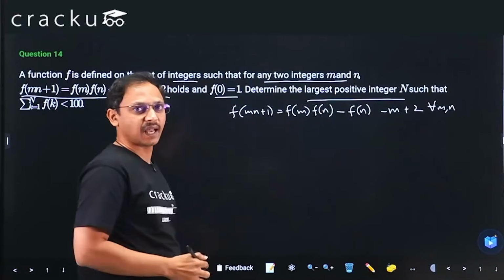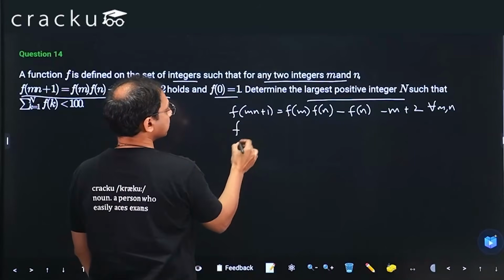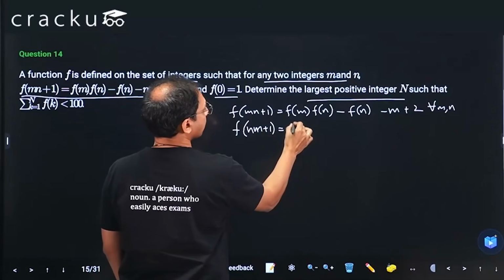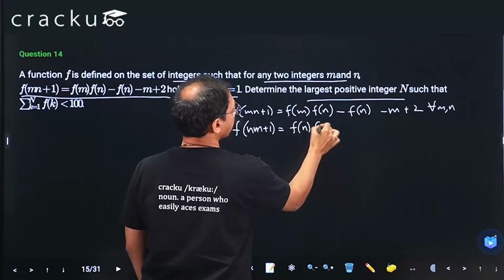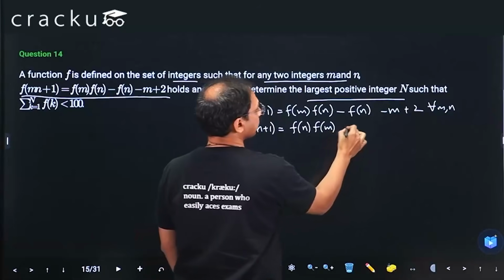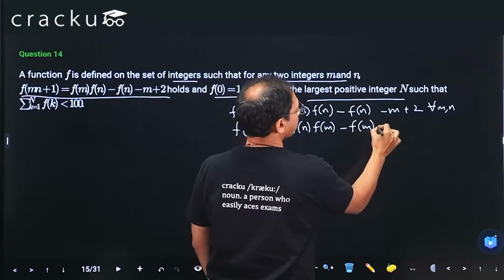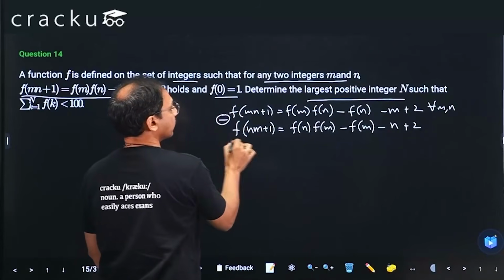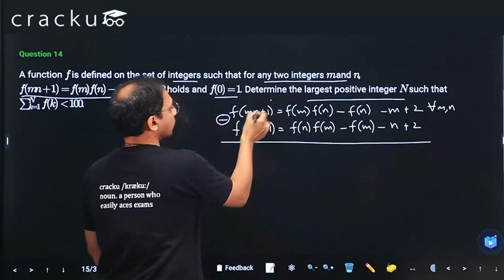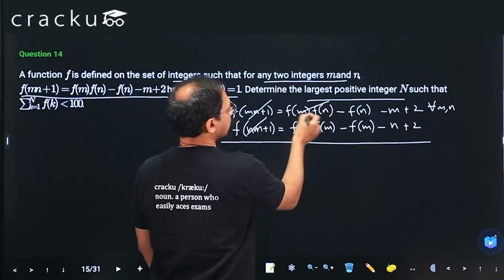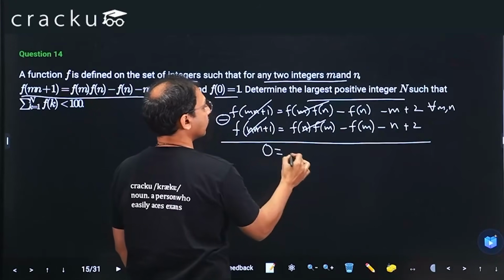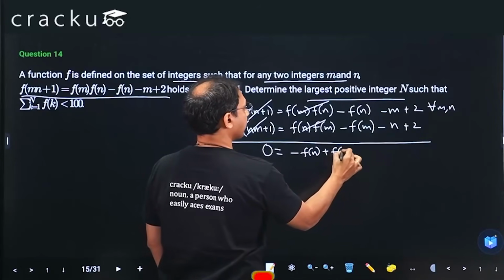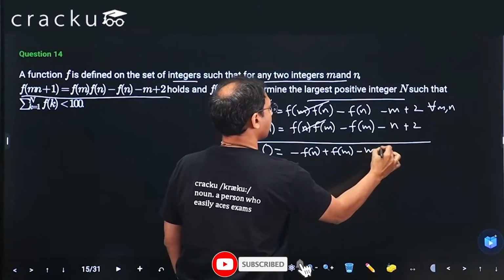So I can interchange m and n also. If I interchange m and n, I'll get f of n m plus 1 is equal to f of n f of m minus f of m minus n plus 2. Subtract these two equations. This will be the same, it will get cancelled. You get 0 is equal to minus f n plus f m minus m plus n.